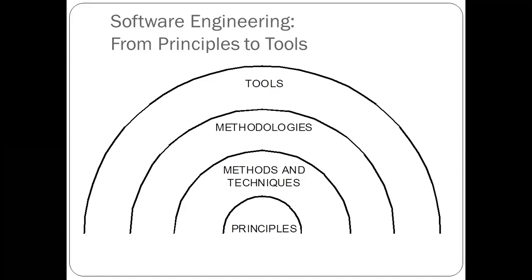In this diagram, you can see that at the starting level, you must be aware of the basic principles of software engineering. After that, we will follow various methods and techniques, and then methodologies and then tools.